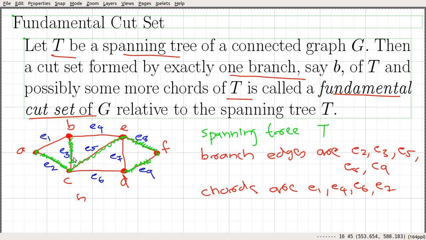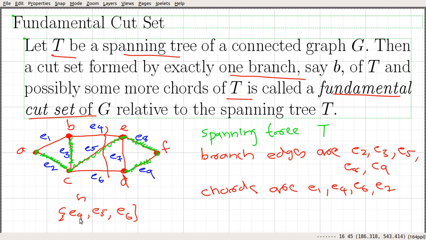So let's look into this particular graph and this spanning tree. Consider the cut set that includes E4, E5 and E6. If we delete these edges from this graph, the graph becomes disconnected, so we have this component and this component.